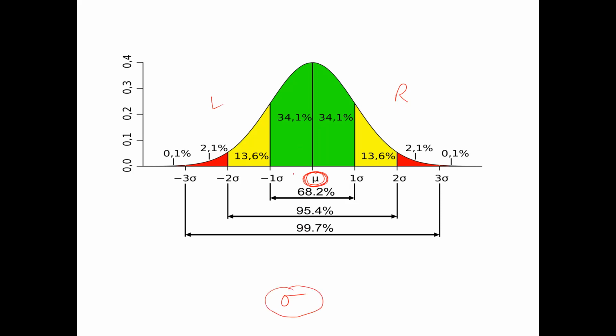How far is this area from the mean? This is -1 standard deviation. How far is this area from the mean? This is -2 standard deviation. This is how it is calculated. And -1 standard deviation to +1 standard deviation from the mean includes 60% of the area of the normal probability distribution frequency curve. So that is all about this.